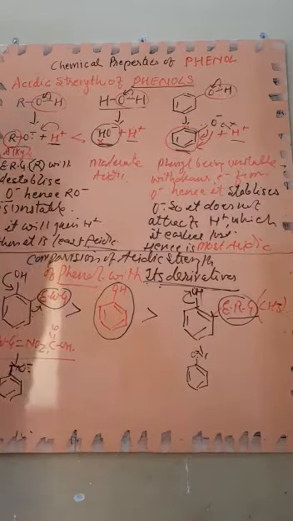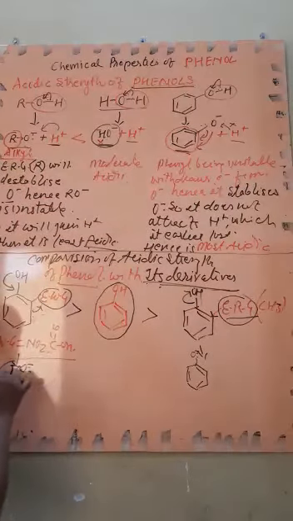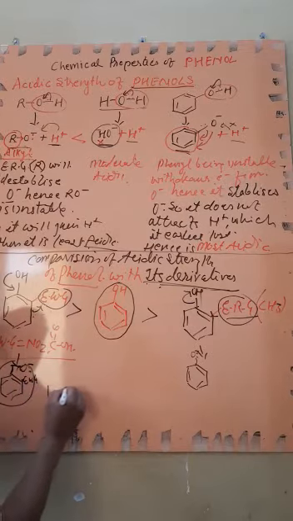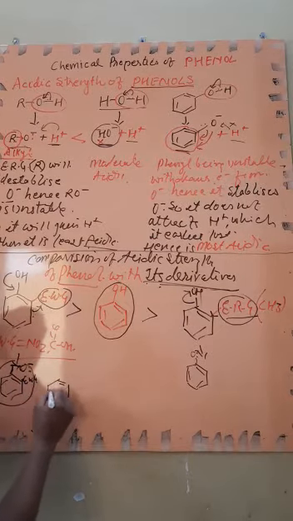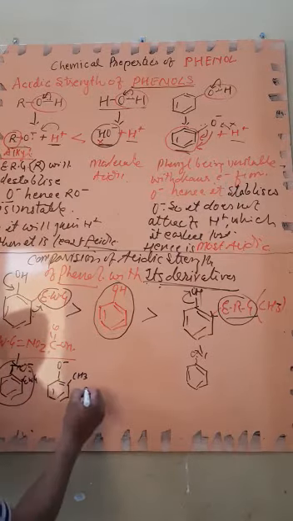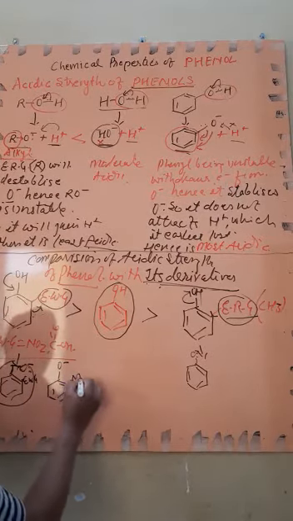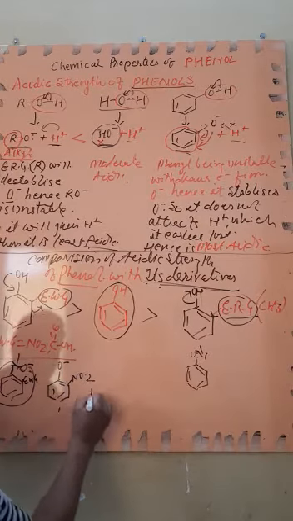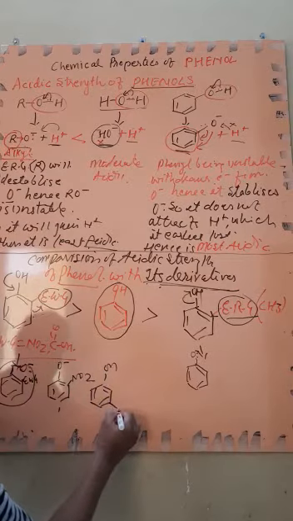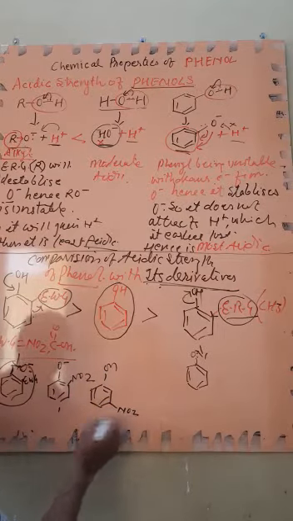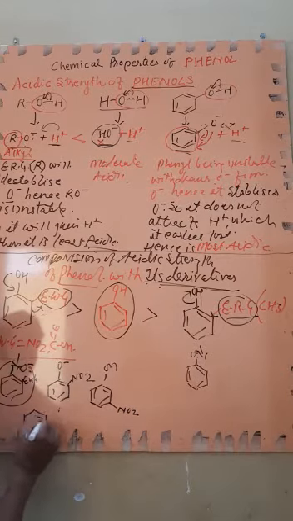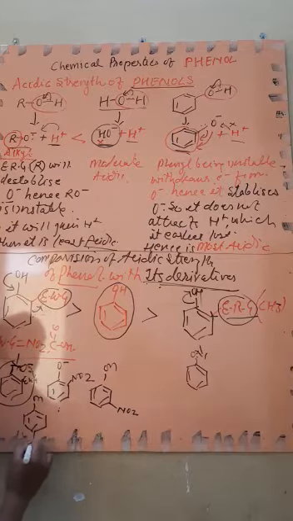Now student, there is one more thing here. The electron withdrawing group will be of 3 types, according to the position of the electron withdrawing group. Take the example of NO2. One more, if we take the example of meta position, that is here will be NO2, and if we take one more example where the electron withdrawing group is present in para position, that is here.